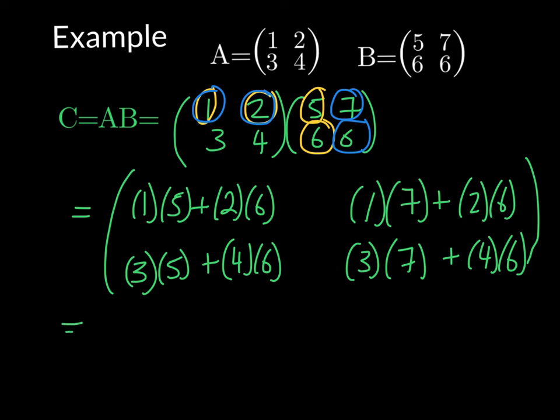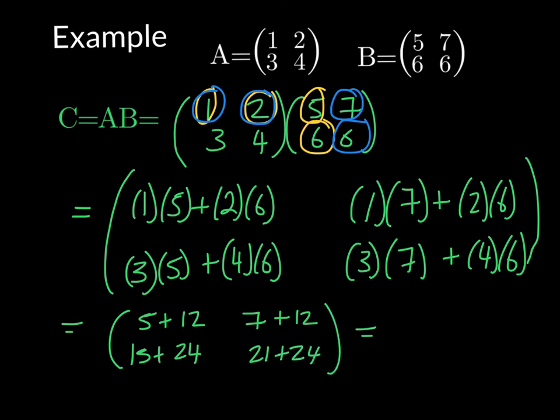Moving on to the next step, let's simplify this. So we have 5 add 12 is element C11. Element C12 is 7 add 12. Element C21 is 15 add 24. And then element C22 is 21 add 24.